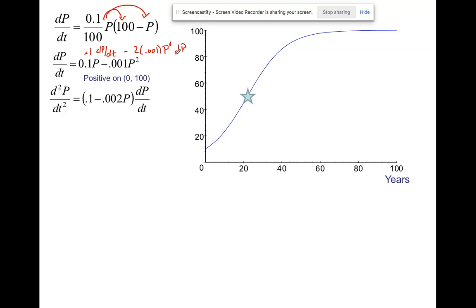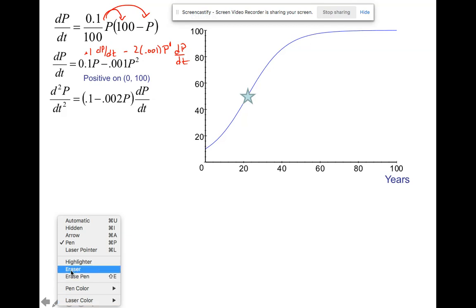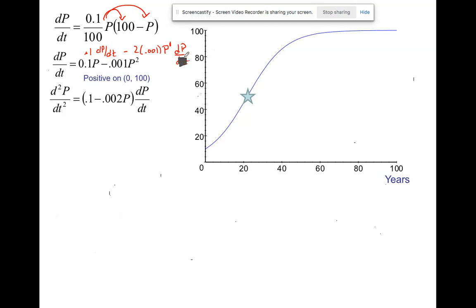Spit out the derivative of the inside. All I did was factor out the dP/dt, and I have 0.1 minus 2 times 0.001P, which is 0.002P.